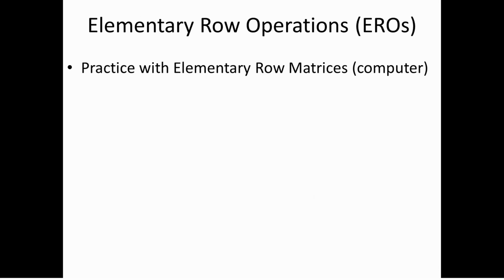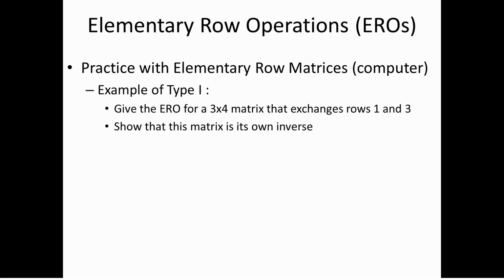Now, elementary row operations are good to get some practice with. So here are some practice problems that you can do. You can do these on a computer, you can do them by hand. It's not a bad thing to do it on a computer necessarily, just to get used to doing this. So we want to give the elementary row matrix that for a 3 by 4 matrix will exchange rows 1 and 3 and show that this matrix is its own inverse. Okay?